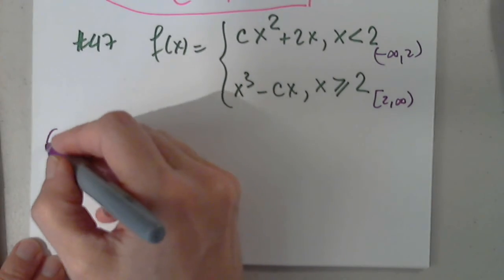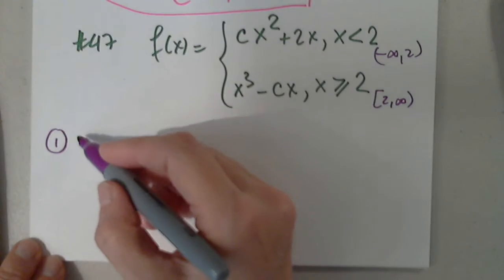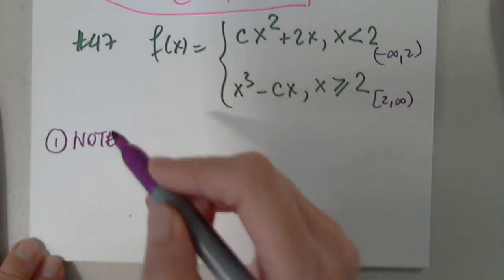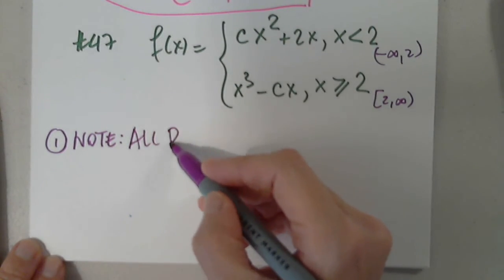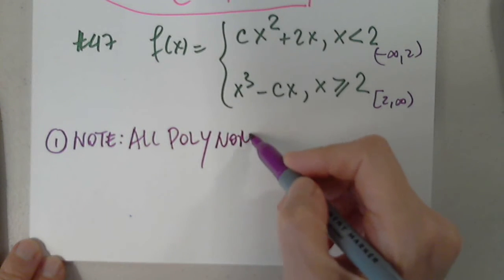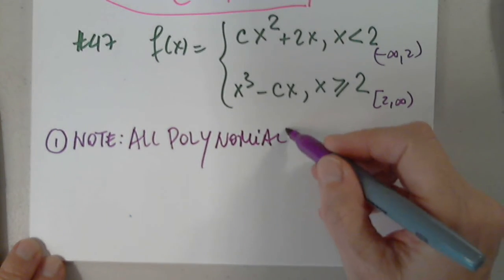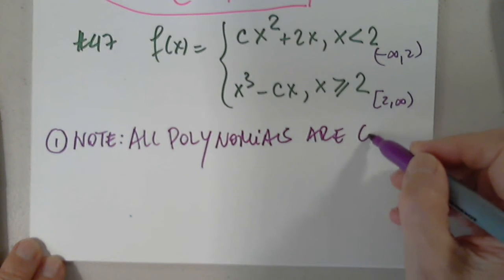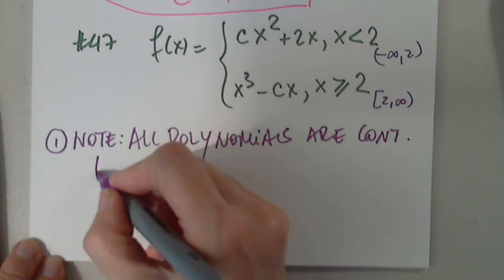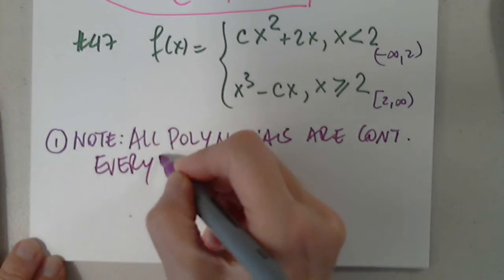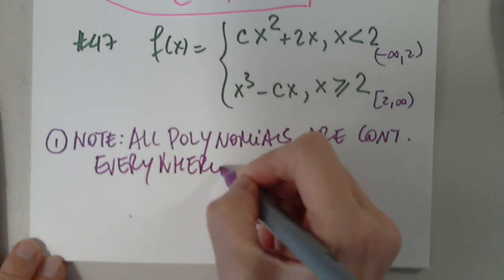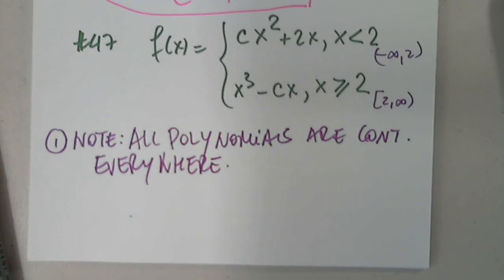I'm going to write a note because we did not write it before: all polynomials are continuous everywhere. So we are never afraid of polynomials.